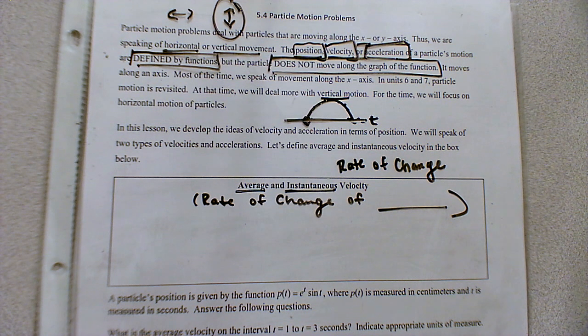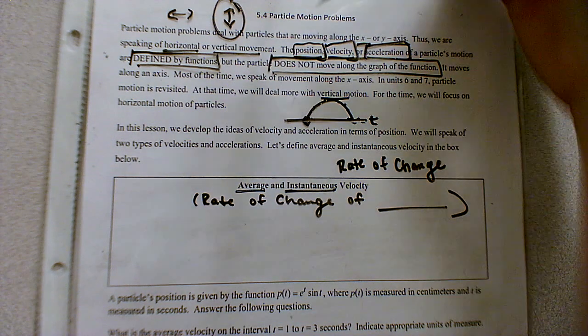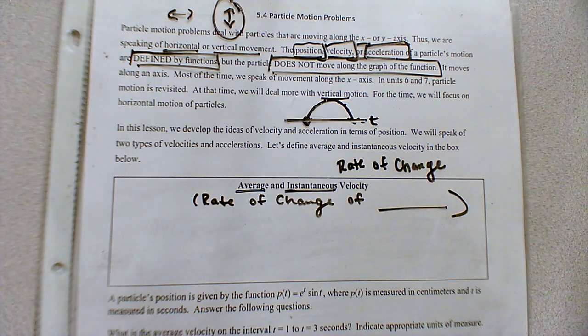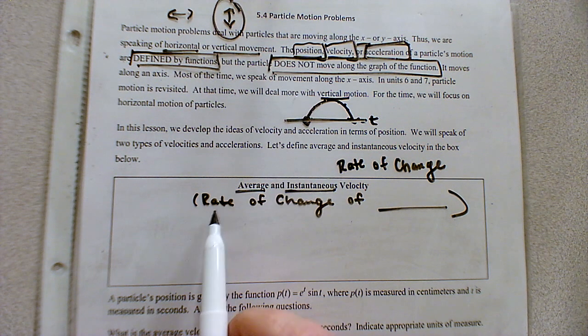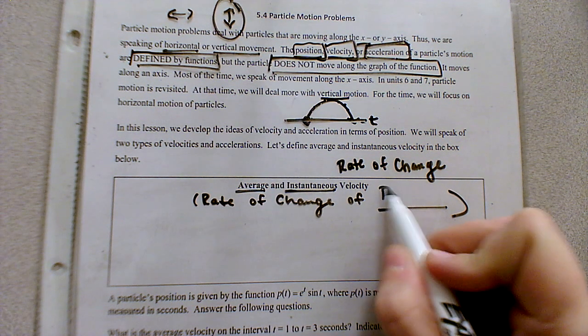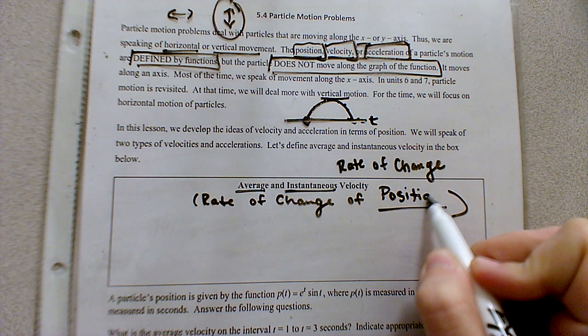And if you think about the concept of speed, for instance, miles per hour, that's how fast your location, aka your position, is changing. Are you moving very quickly? Are you moving very slowly? So velocity is technically referred to as the rate of change of position.